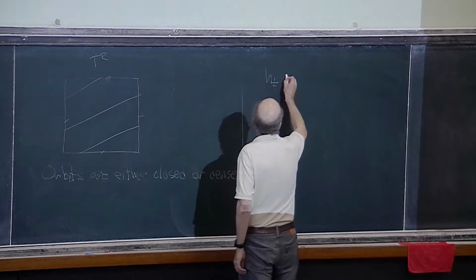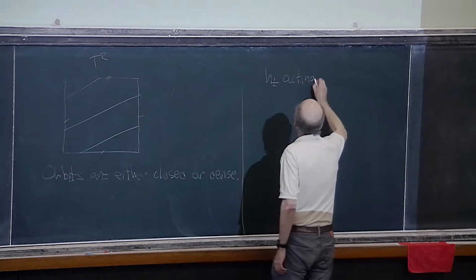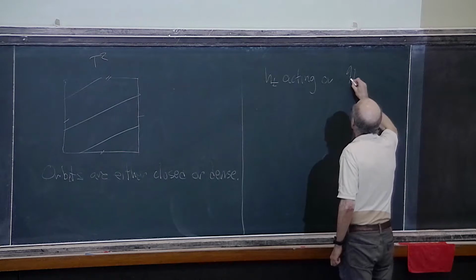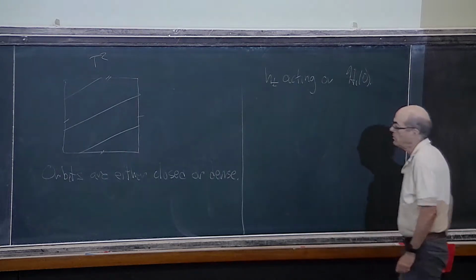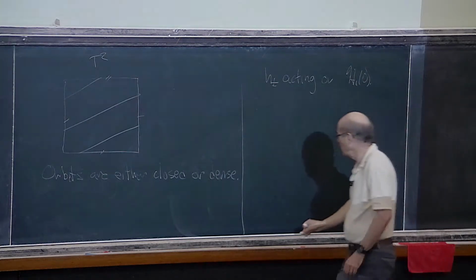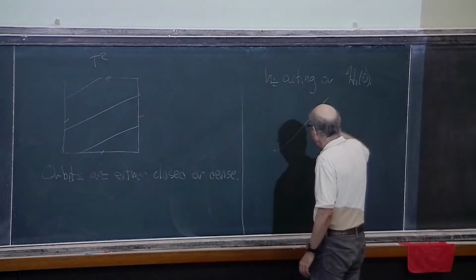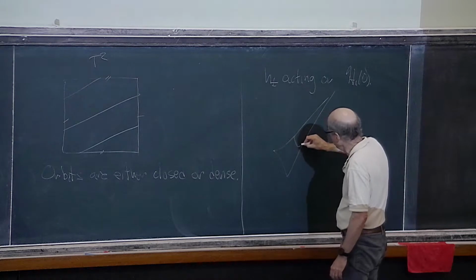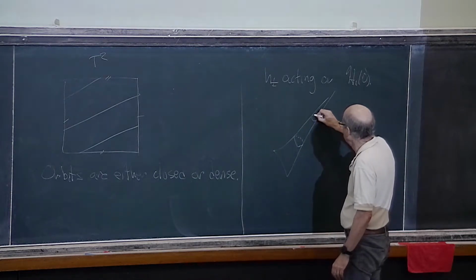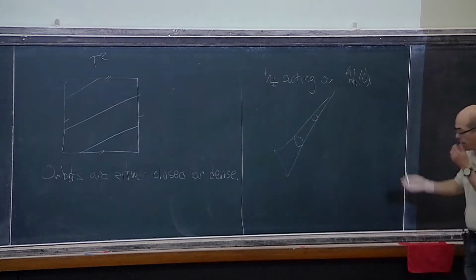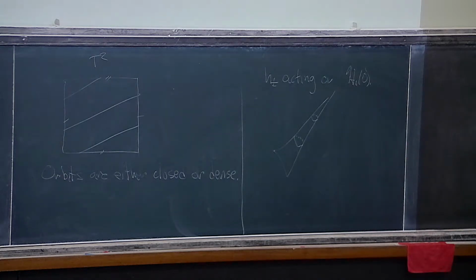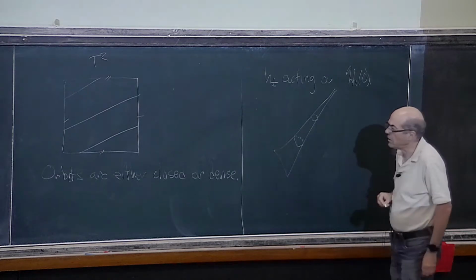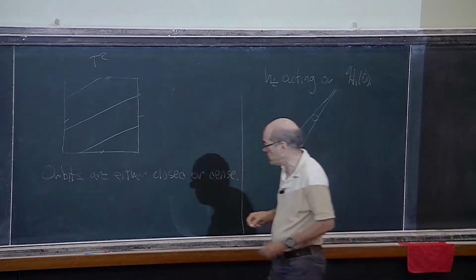H sub t acting on H1, 0. So H1, 0, as we've seen, is the unit tangent bundle of this hyperbolic surface. And what are the types of horocycle flows?